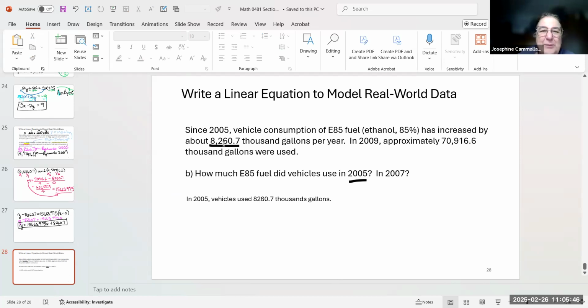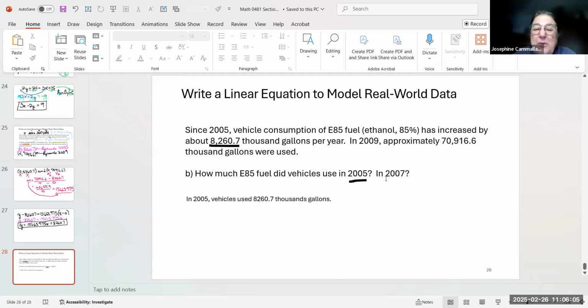Didn't that's what they tell me? In 2005, they consumed 8,260.7 thousands gallons.